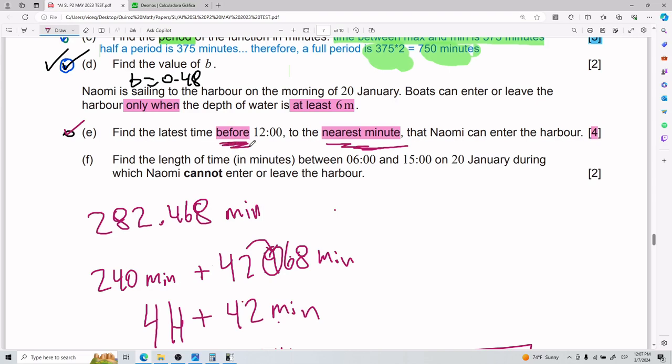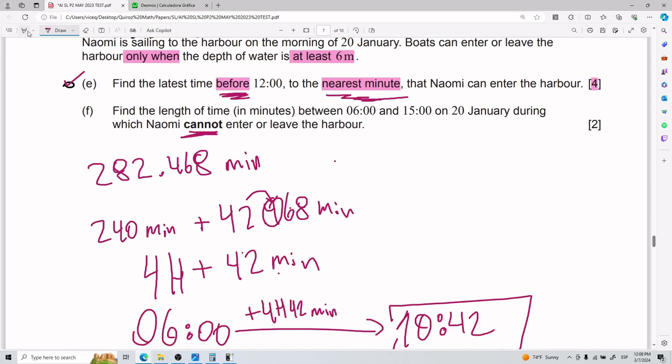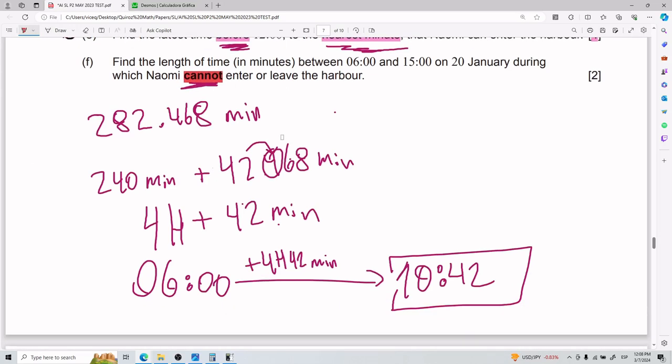Got it? Then for part F, it says find the length of time in minutes between 6 and 3 on the 20th of January, through which Naomi cannot enter or leave the harbor. So the first question, of course, is where can she not enter or leave the harbor?